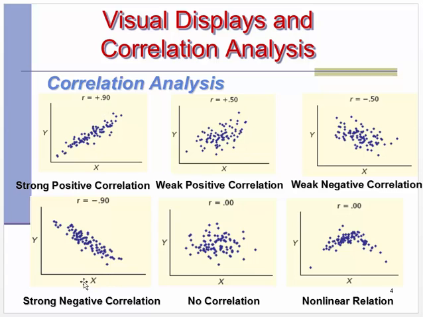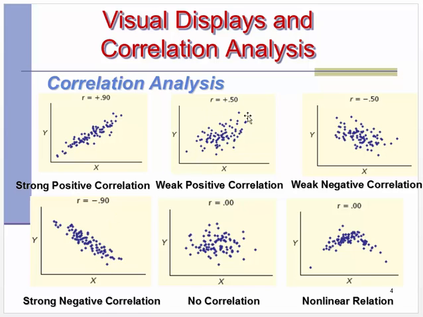Okay? When in a situation like this, we call it strong negative correlation. It's also strongly correlated, but the direction is negative because as x increases, y goes down. So R is close to -1, or it is -0.9 in this case.